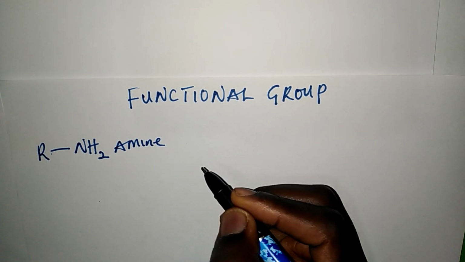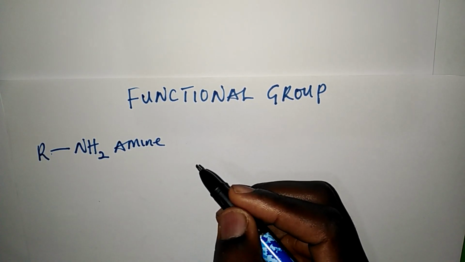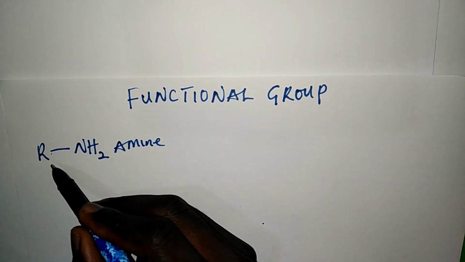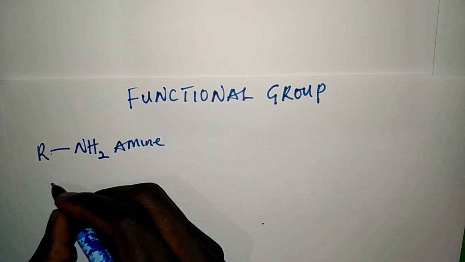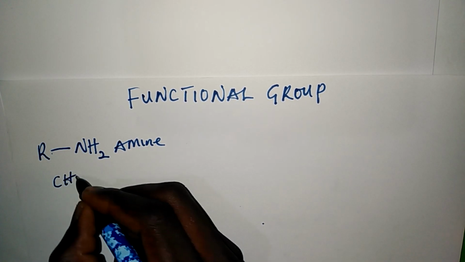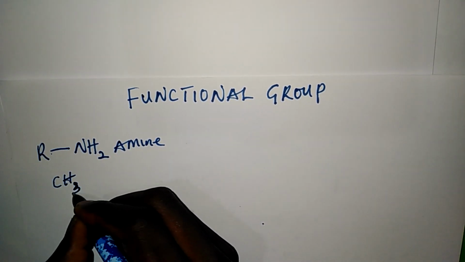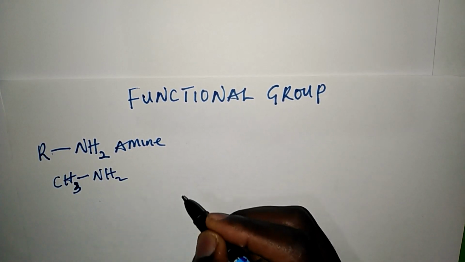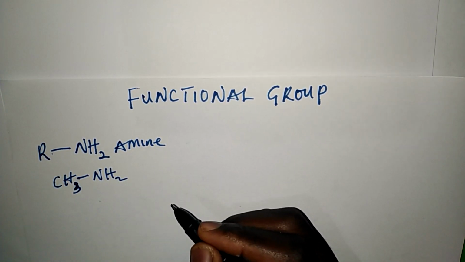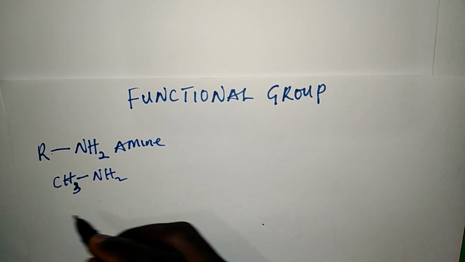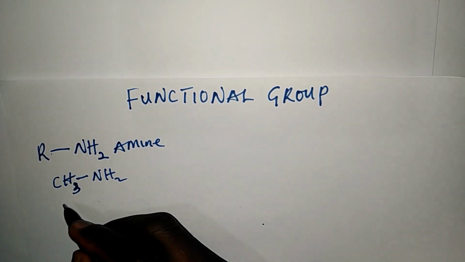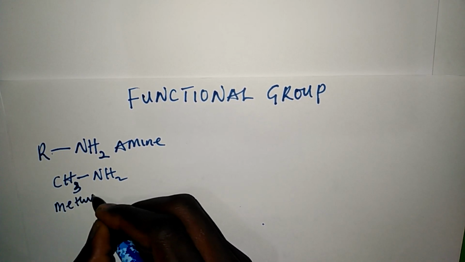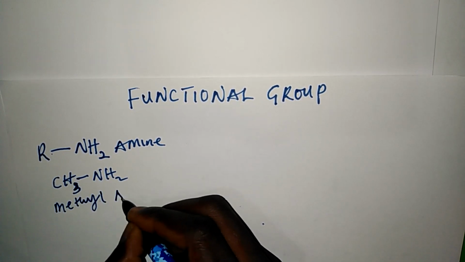We have a nitrogen bonded to two hydrogens, linked to a chain like this. Take for instance, if it's linked to a single carbon chain, we have CH3NH2. To name it, this side is a methyl group, so you say methylamine.